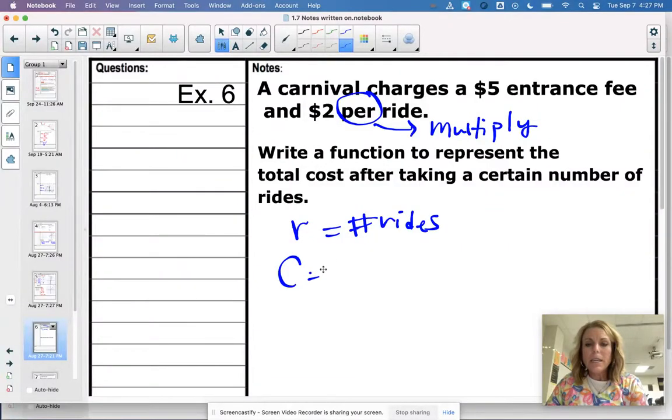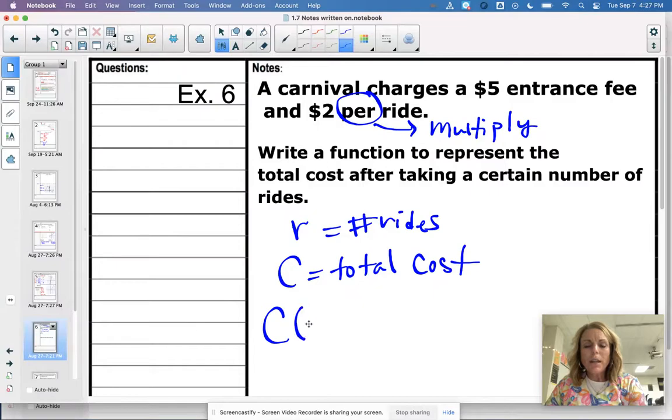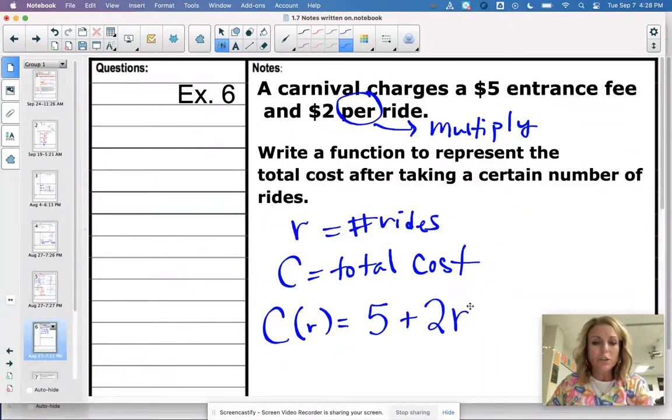Let's call C our total cost. So a function has to be something like this. If C is like our y value, you have to write it C of R, because that's like your x value, your input. A carnival charges a $5 entrance fee plus $2 per ride. And there is our function.